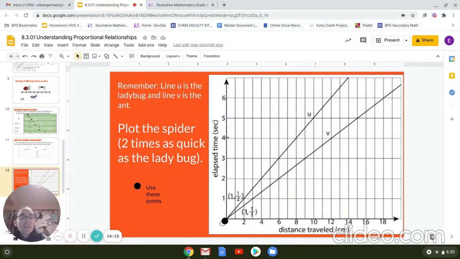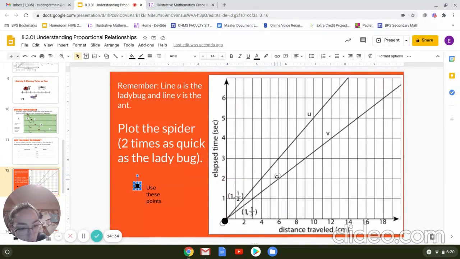Then we know after 2 seconds, he traveled 8 centimeters. So we are going to go up to a lapse time of 2 seconds over to a distance that we found in our table is going to be 8 centimeters. So I'm going to put my point up to over to the 8, and I'm going to connect them.